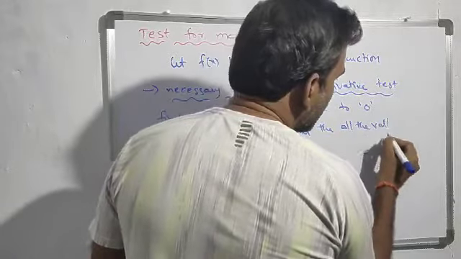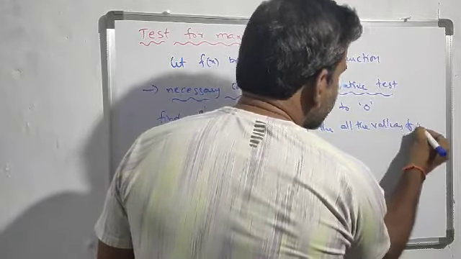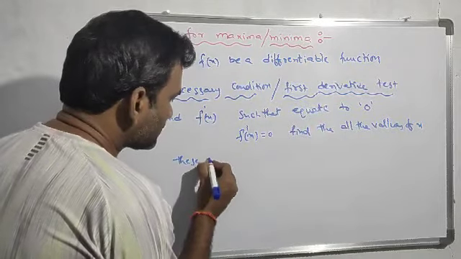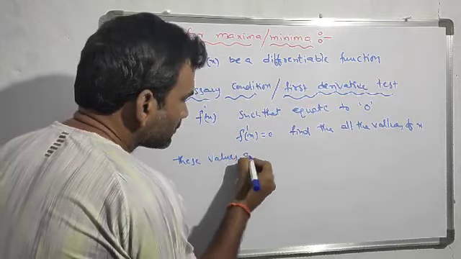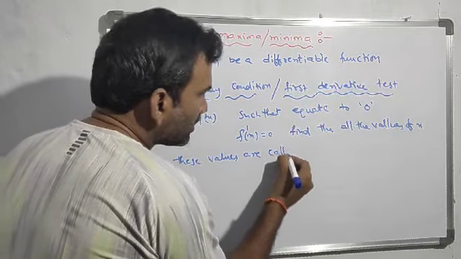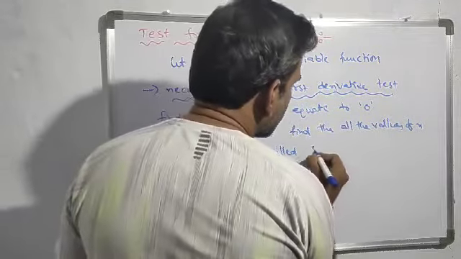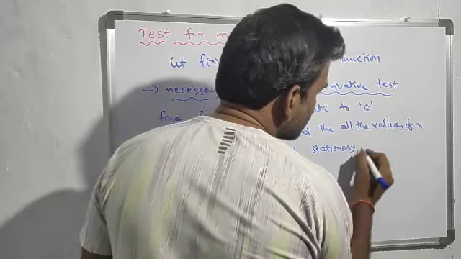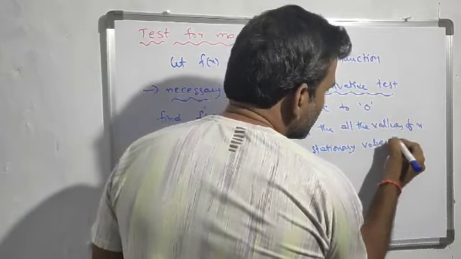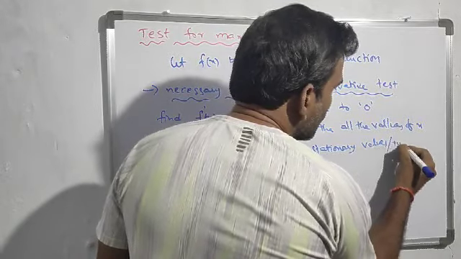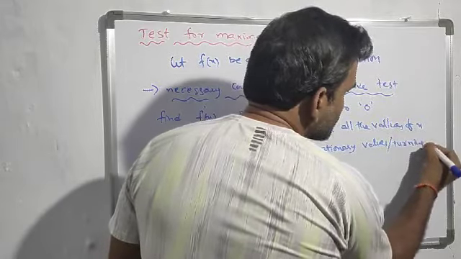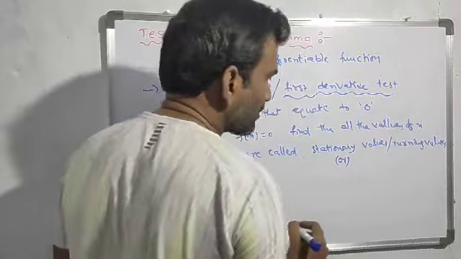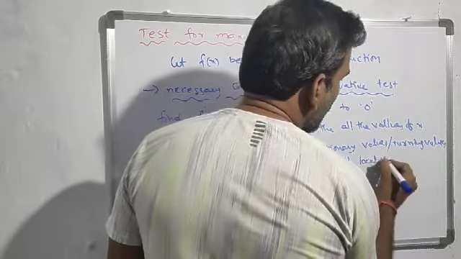So these values are called stationary values, or turning values, or local values.